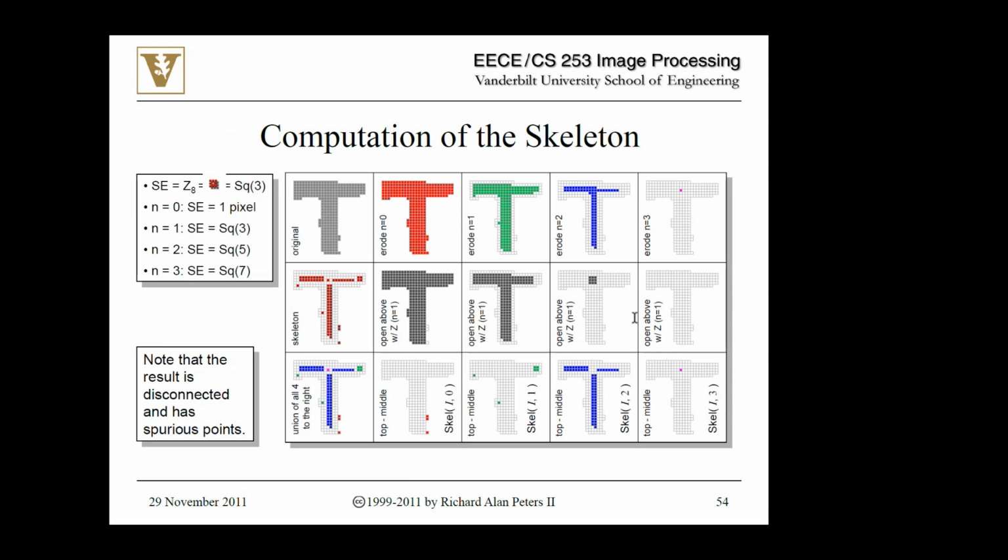You have to compute the differences here, the difference of this and the difference of that. Now you collect all those in a single step. So the process is: first you erode, then you compute the opening of this, then you compute the difference, and you collect all these differences.